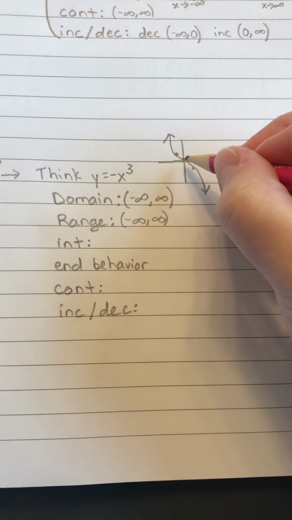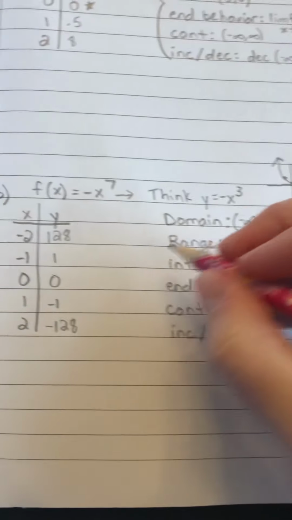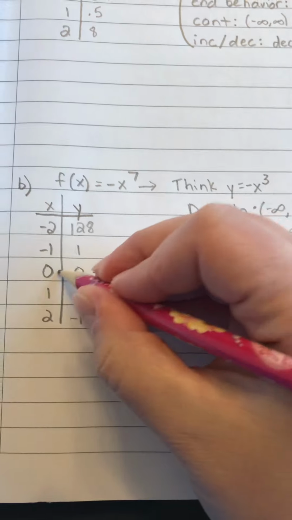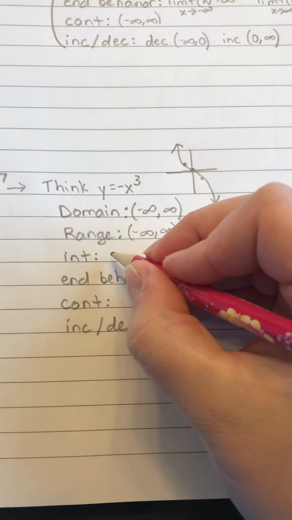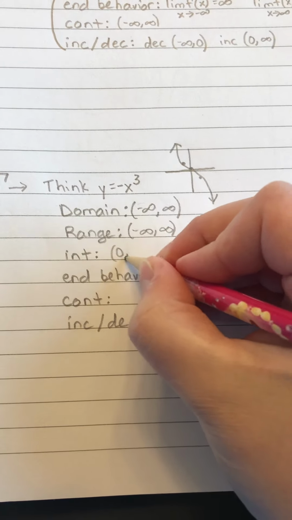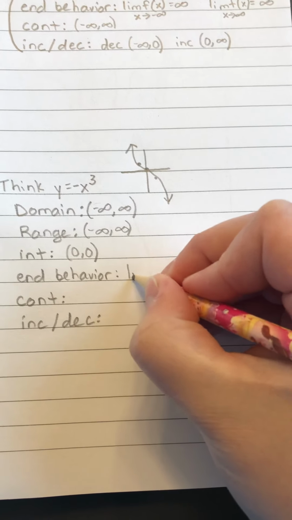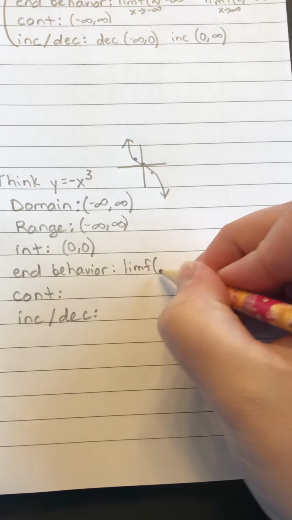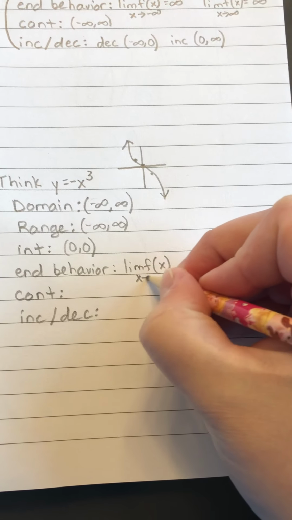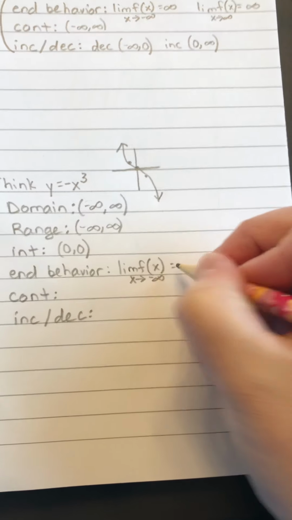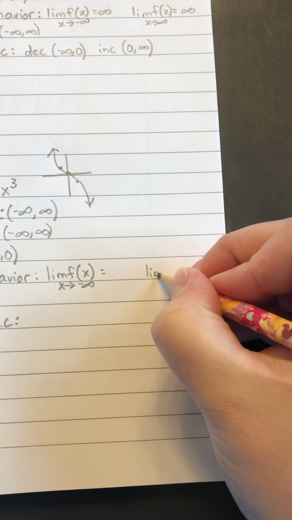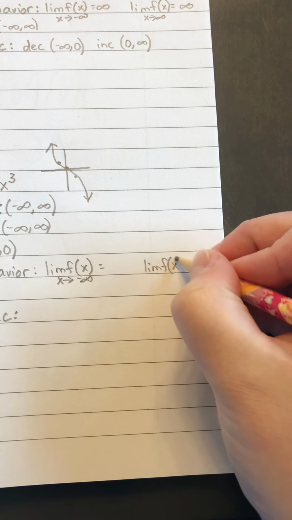Your intercept for this, again, is the same thing as the one that we just did up on top, and you can also find this in the table. 0, 0 was right in there. We're not doing any sort of shifts on this graph, so our intercept's going to be the origin. For your end behavior, again, I'm looking for the same 2 things. The limit of f of x as x goes to -infinity, and the limit of f of x as x goes to positive infinity.